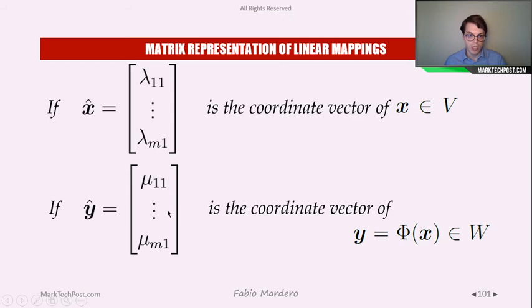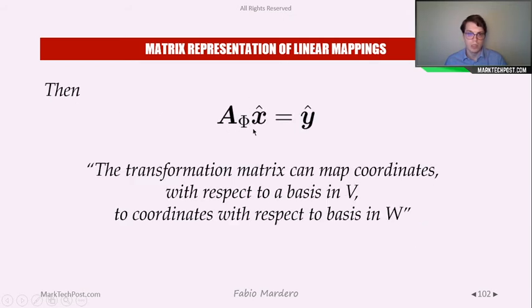So, given these coordinate vectors, we can write that the coordinate vectors times the transformation matrix gives us the coefficient vector in W. So we find a way to go from V to W using a matrix.